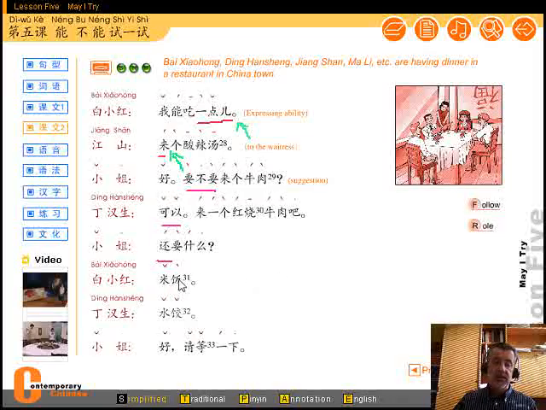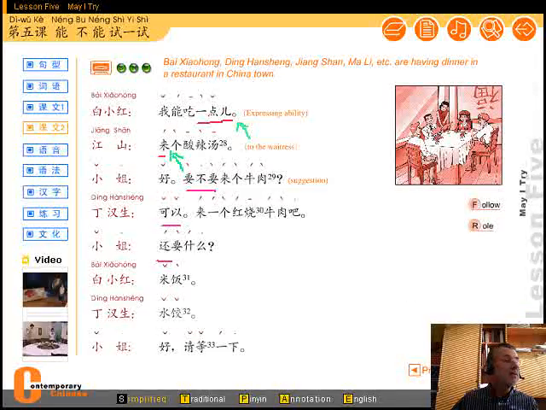And Bai Xiaohong says 米饭。 And as I explained today in the lecture, 米饭 is cooked rice and 米 would be uncooked rice. So it'd be very unlikely anyone would ask for uncooked rice in a restaurant. Okay, and then Ding Hanshen expresses his preference. 水饺。 Fortunately, he didn't make the mistake of our Cantonese businessman.